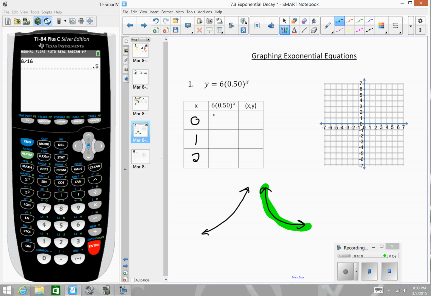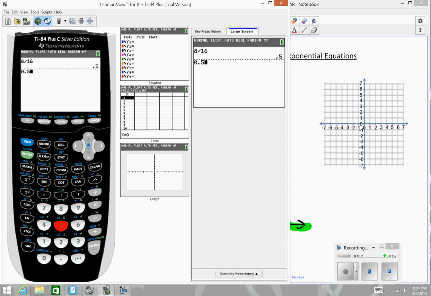So for this one, it's going to be 6 times 0.5, okay, raised to the 0 power. Well, what is 0.5 raised to the 0 power? If you don't know that off the top of your head, you put it into your calculator. Hit enter. That's actually 1.